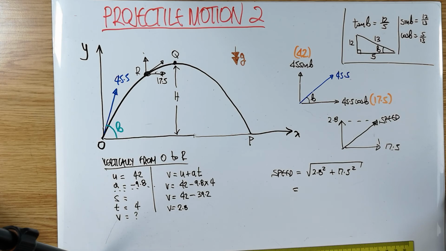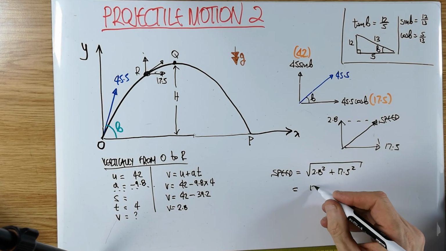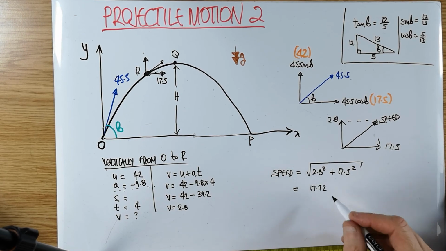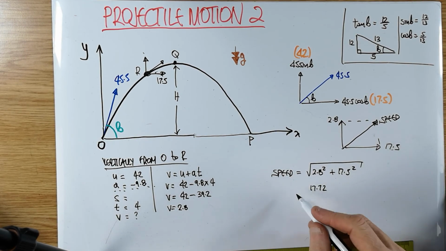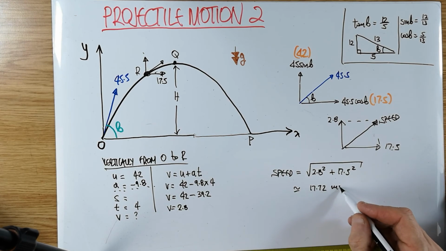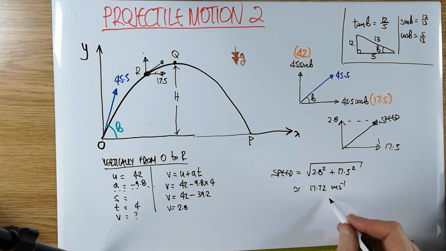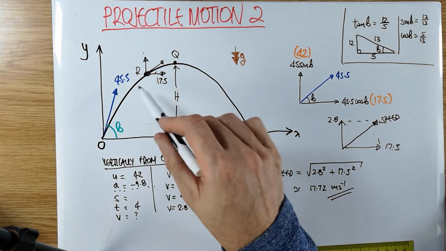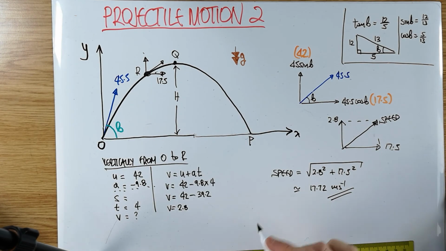So when we do that, with a sensible accuracy in the absence of instructions, 3 significant figures is good enough. I'll make it 17.7, or approximately equal to 17.72 meters per second. That is the speed of the particle 4 seconds after leaving O.